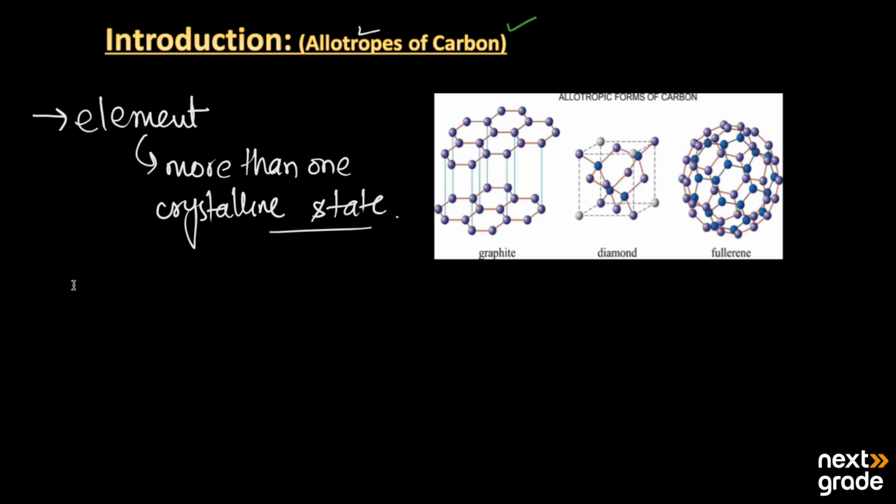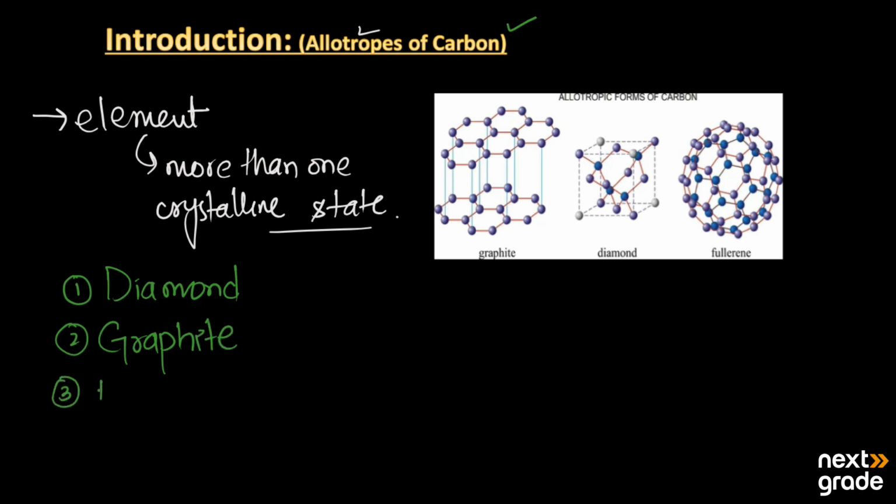Allotropes of carbon are basically three. Number one, we have diamond. The second allotropic form of carbon, we have graphite. And the third allotropic form of carbon we have is buckyball.